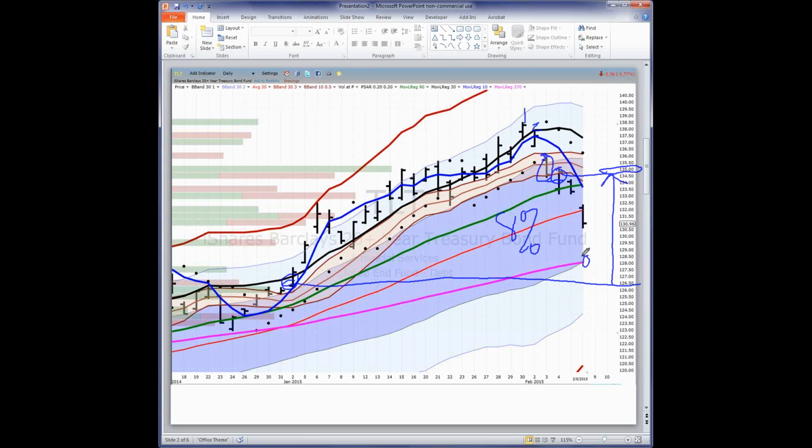I would not be surprised if treasuries came all the way back and tested 128. That's the RL270, the long-term fair value. I also want you to notice the extreme move here. This was another warning: the distance between the RL270, which is this purple line, and the RL10.